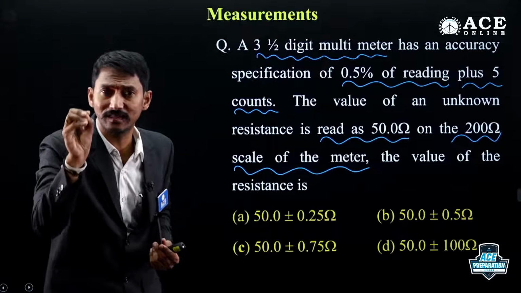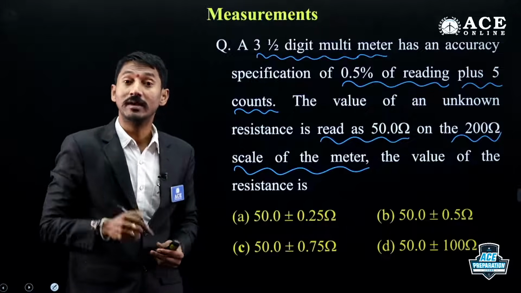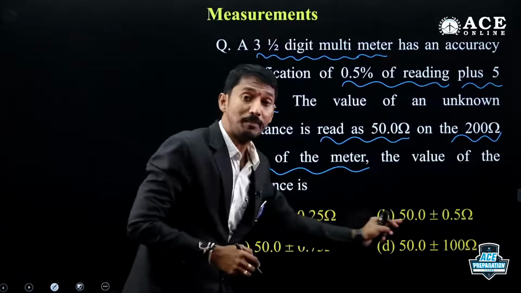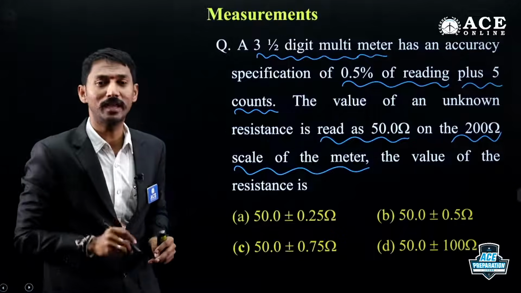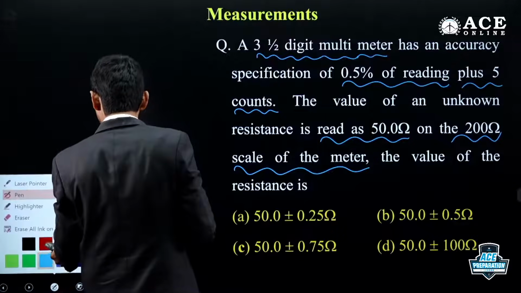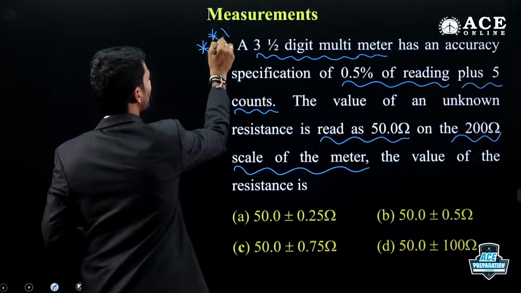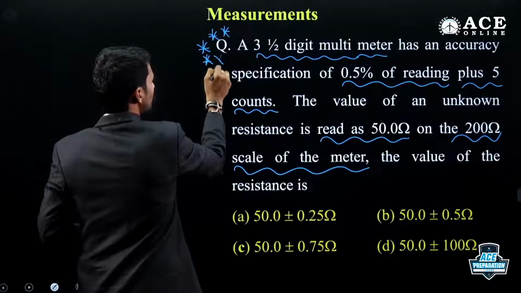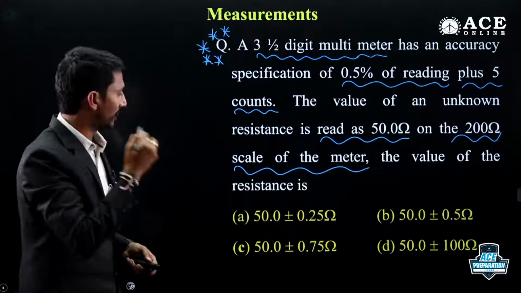Most of the chances are there to get a wrong answer for this model also. That wrong answer may be there in the options. Chance is there because of negative marking. Be careful. I am keeping the star mark here. This is a very popular model. Values will be changed, but the model will be the same. Let us see now.